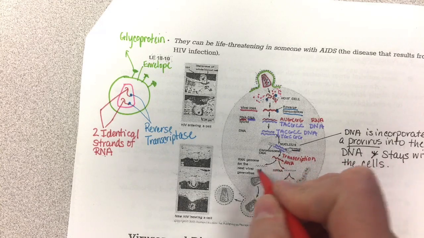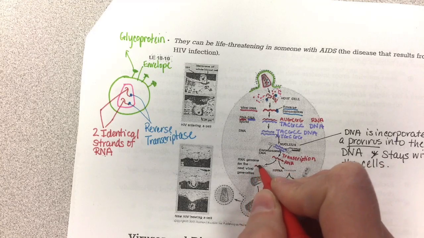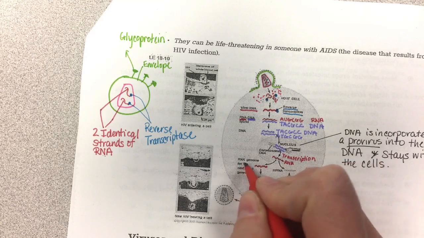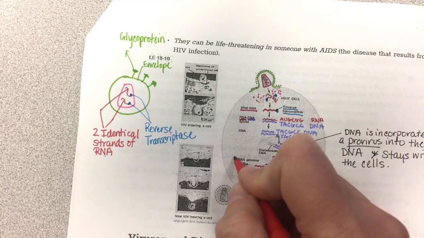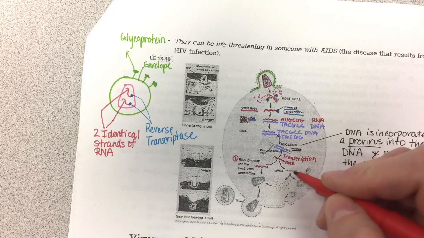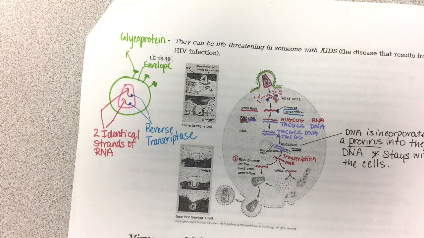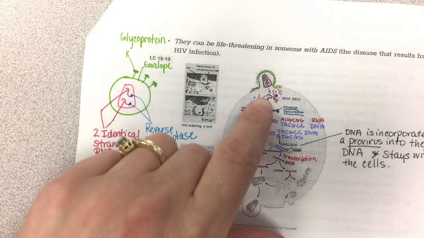Now notice two pathways here. The RNA can be used as the RNA genome for the next viral generation, so that's thing one. Or the RNA can be used to make more viral proteins.